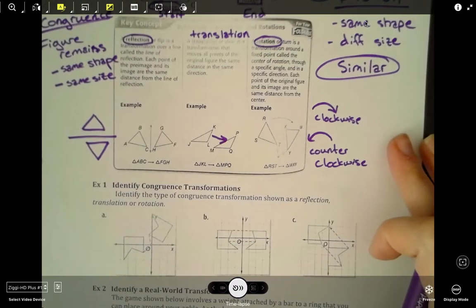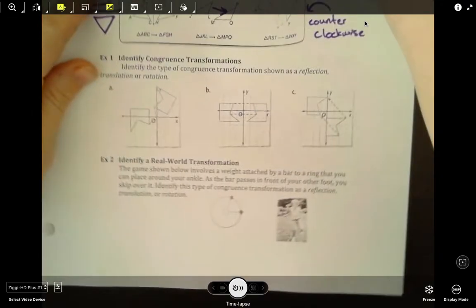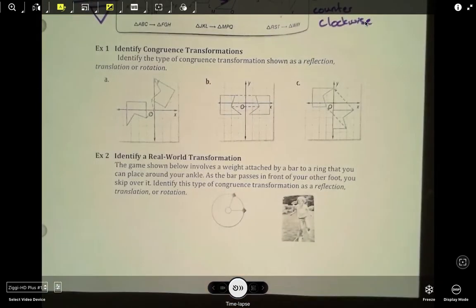So let's go down here, and I want you to do A, B, and C really quick. Tell which one each one of those is, a reflection, a rotation, or a translation. Go. I'll give you a head start.